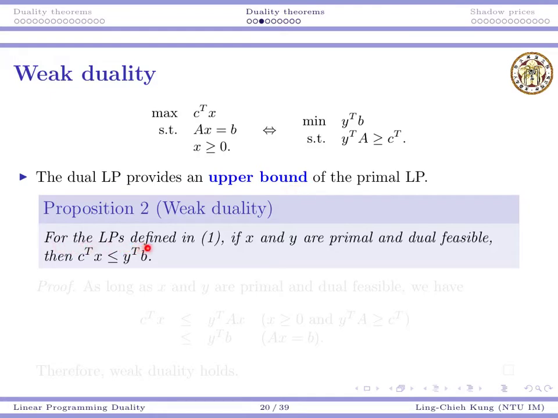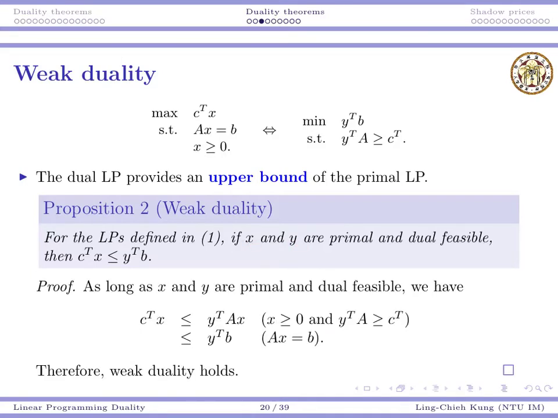For the linear programs defined in that equation, if x and y are primal and dual feasible, then the objective value of x would be less than or equal to the objective value of y. So that means given any pair of primal dual feasible solutions, the dual provides an upper bound to the primal. Okay, that's the idea. The proof is very simple.